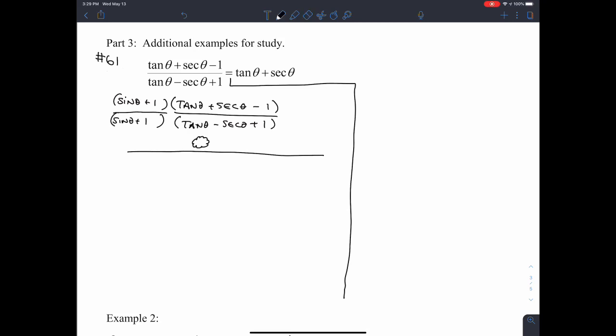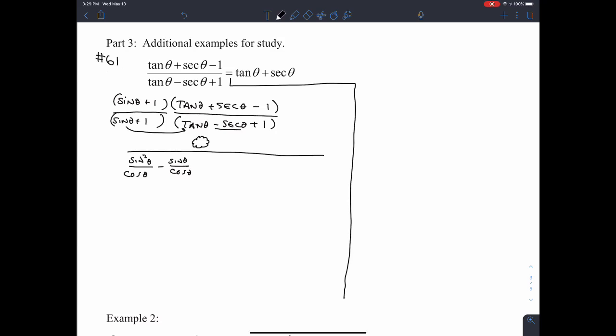In the denominator, I'm actually going to multiply. First I'm going to multiply the tangent times the sine, which would give me sine squared theta over cosine theta. Then I'm going to multiply the next one, so I'm distributing my sine. Multiply the sine times the subtraction of secant. That should give you minus sine theta over cosine theta.